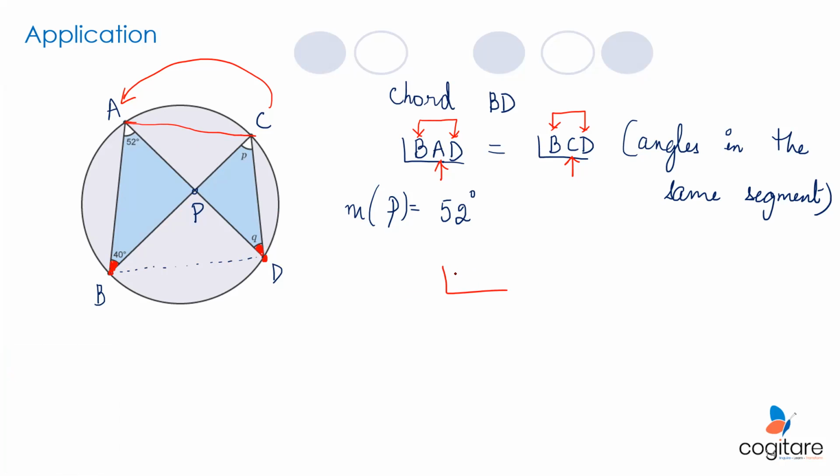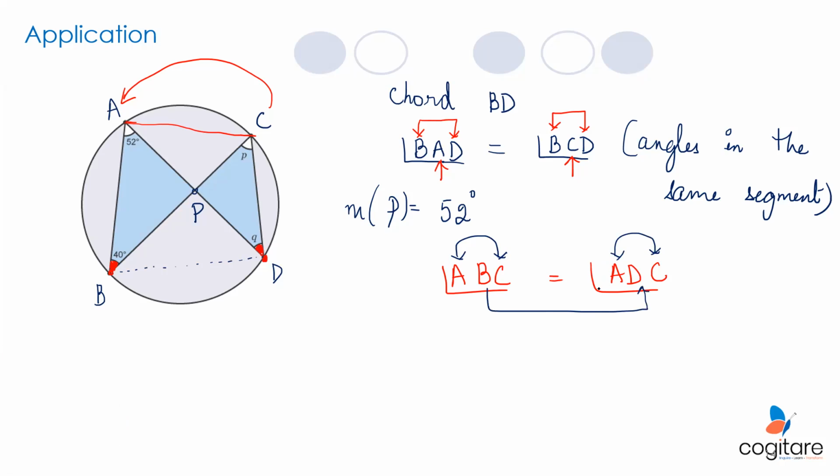So angle ABC is equal to angle ADC. Again, you'll notice here that the endpoints or two vertices of the angle are the same.